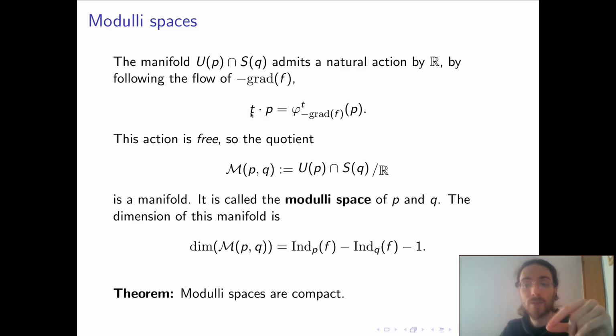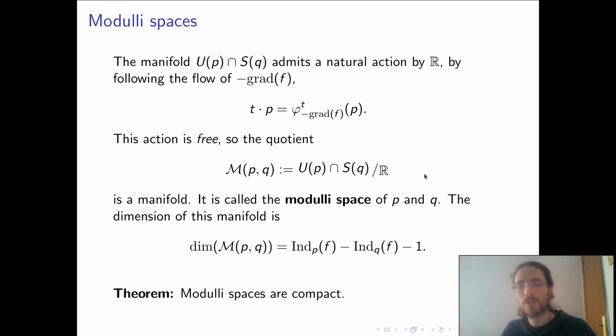If t is different from 0, t times p will always be different from p. And therefore, we can quotient this, and this quotient will be a manifold. So I think you have seen this with Eva in Lie group theory. This is a construction that is used in a lot of fields, not just in Morse theory.